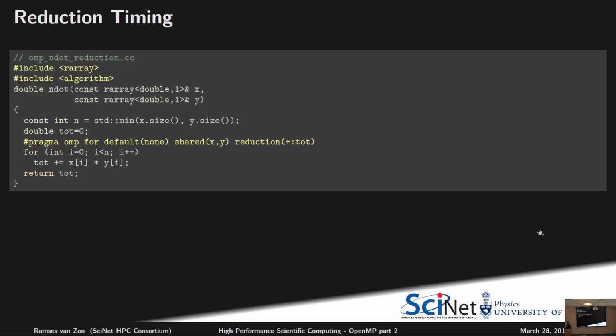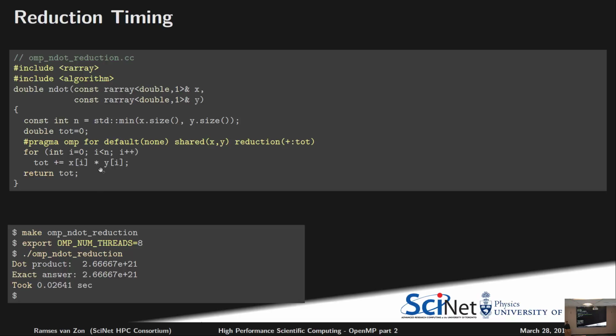And the way it works is like this. So I have my shared variable here, and tot, rather than being either private or shared, becomes a reduction variable with the operator plus. The code is the same, the answer is the same, and the time is pretty much the same. What this does is essentially what we had done before, right?